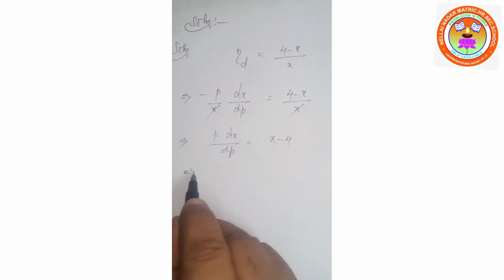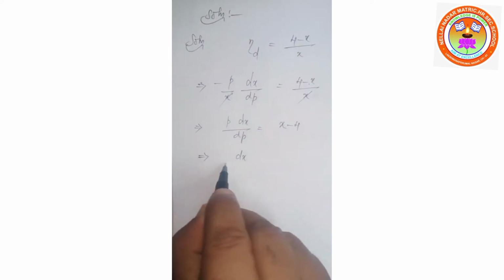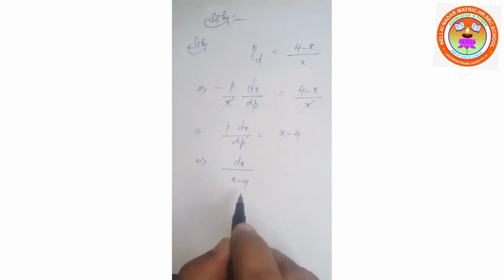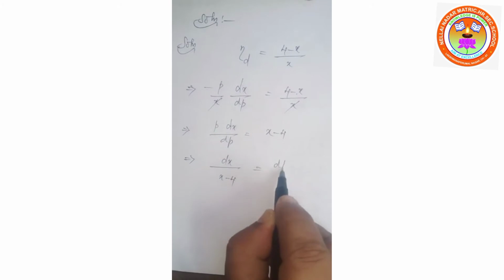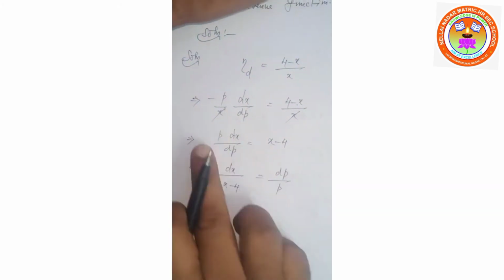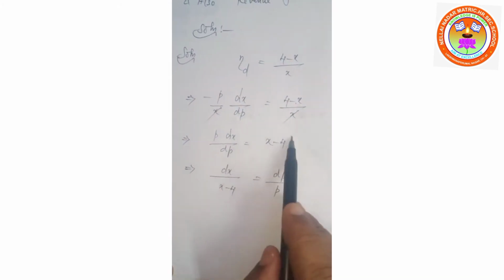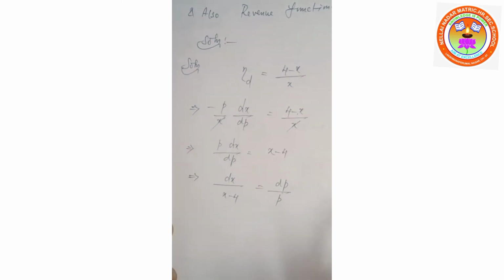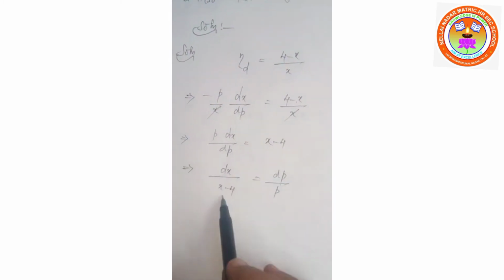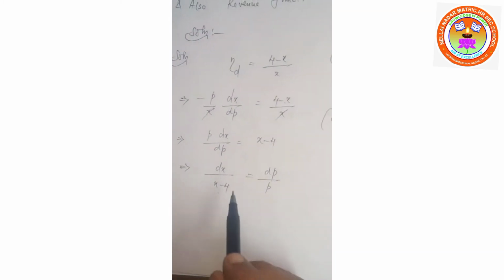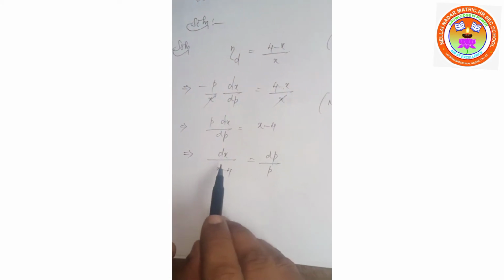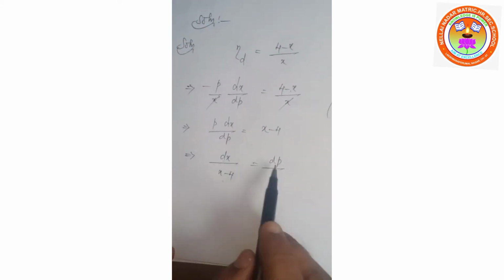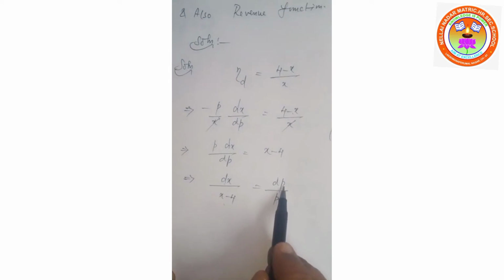Now separate the variables. Dx divided by x minus 4, cross multiply, dp divided by p. Once again, dp divided by p, dx by x minus 4. Already told you, before integration you have to verify both the dx and dp must be in numerator.